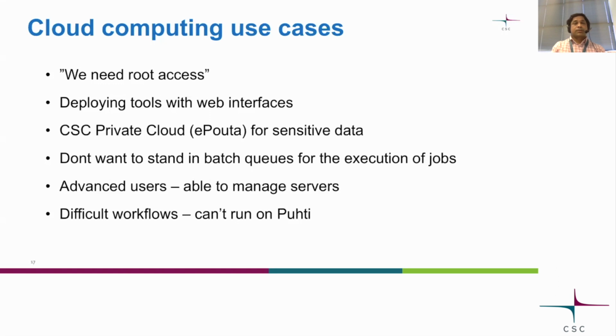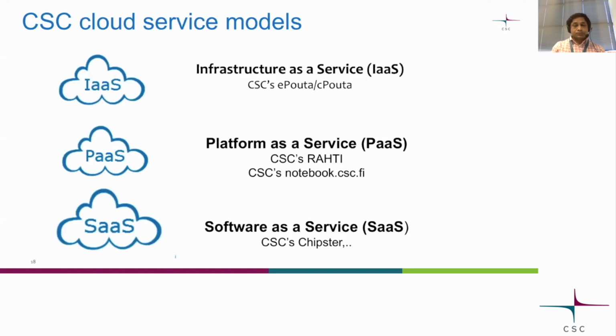So whatever the reason may be, you can use our cloud computing services. CSC provides three types of cloud service models. One is the infrastructure as a service model, another is the platform as a service model, and the third one is the software as a service model.